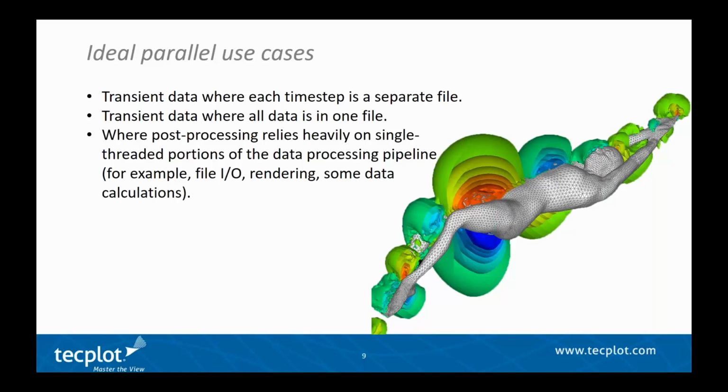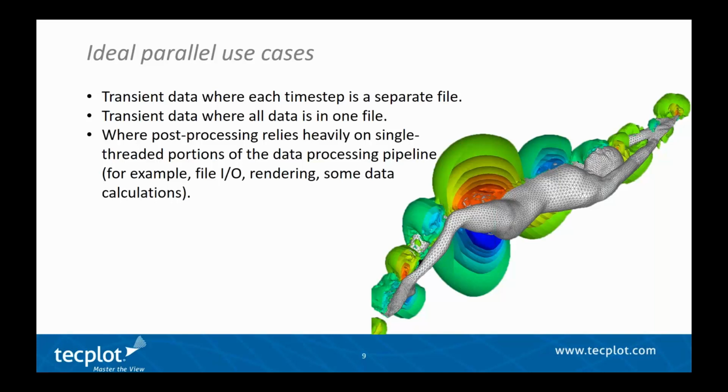It works well there, or a lot of slices from a steady state solution, but really transient is where the real benefit comes in. So transient data where each time step is in a separate file or in one file works really well, and where post-processing relies heavily on single-threaded portions of the data processing pipeline.